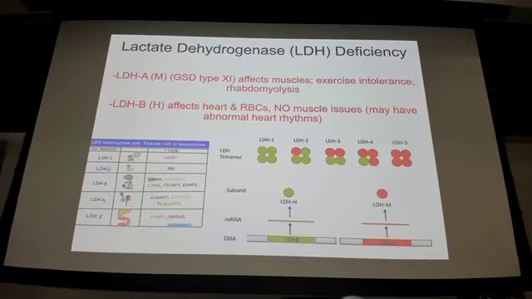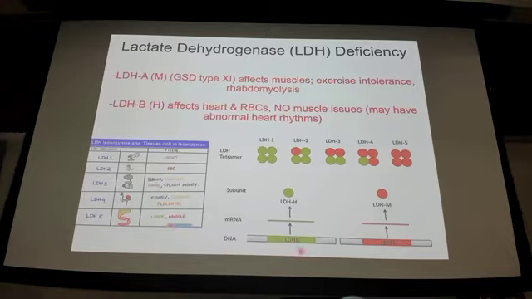However, I believe your colleague or battle buddy that mentioned this yesterday had LDHB, because it doesn't affect the muscle, so that's why he was superhuman and was able to max out everything in the PT test. This is just the different isoforms of this enzyme and where it's found in the body.